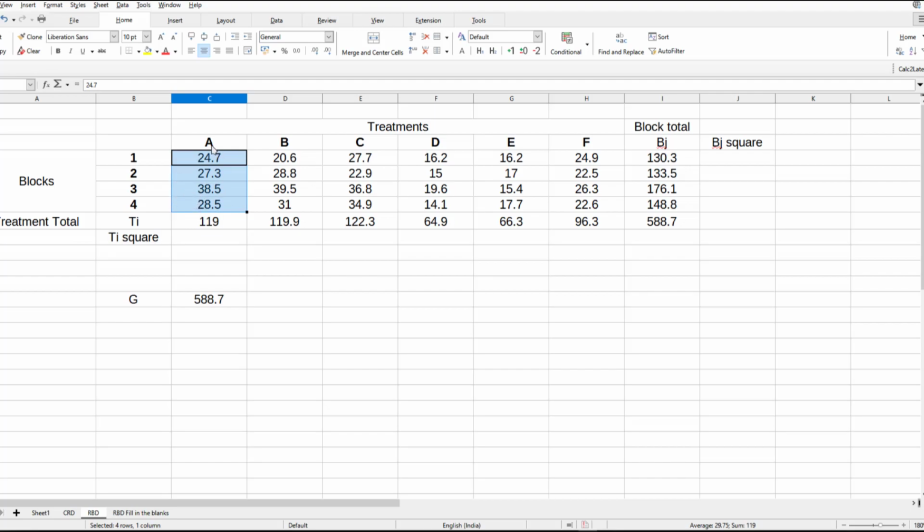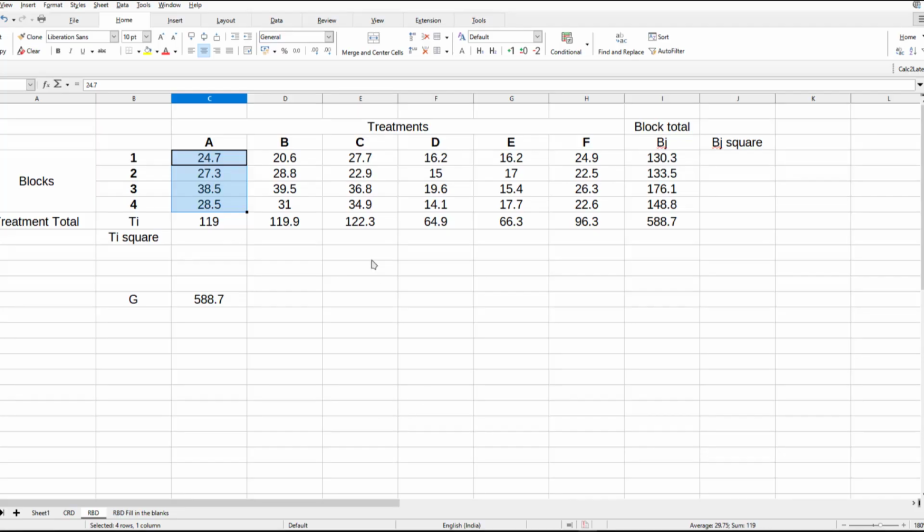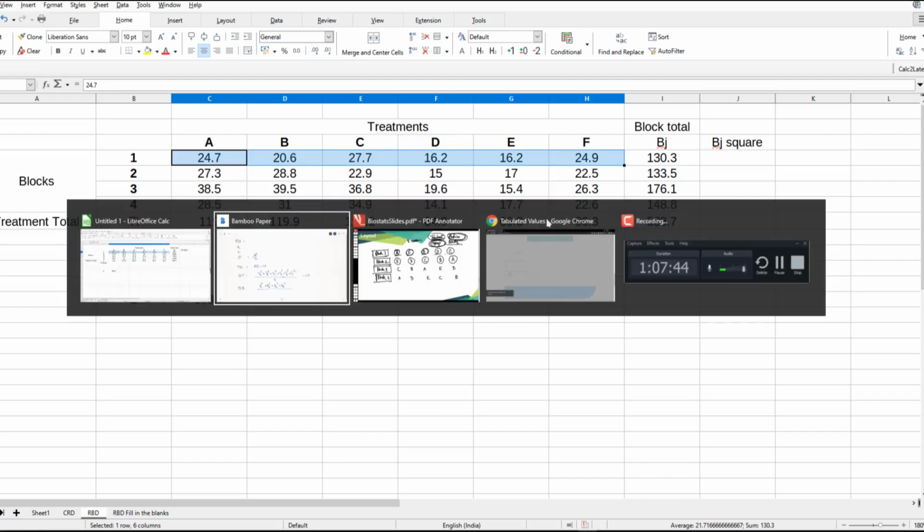Or in short, treatment totals divided by number of blocks, block totals divided by number of treatments, right? So we have 4 blocks, so we will divide it by 4 minus CF. Similarly, we will calculate sum of square due to blocks. So block 1 total square plus block 2 total square plus block 3 total square plus block 4 total square, and under each block we have 6 items, the number of treatments.